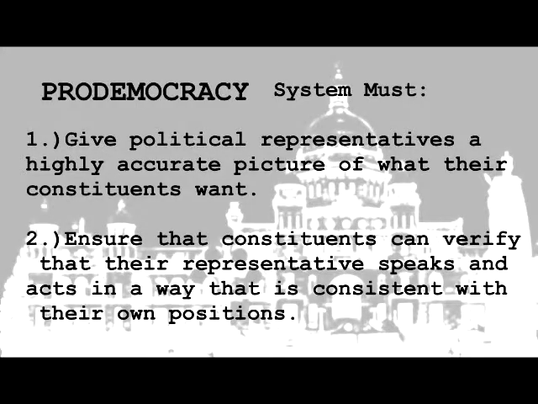This proposed new system would accomplish this restoration by fulfilling two main objectives. First, by giving political representatives a highly accurate picture of what their constituents want. And secondly, through ensuring that constituents can verify that their representative votes and acts in a way that is consistent with the preferences of the majority of the constituency.